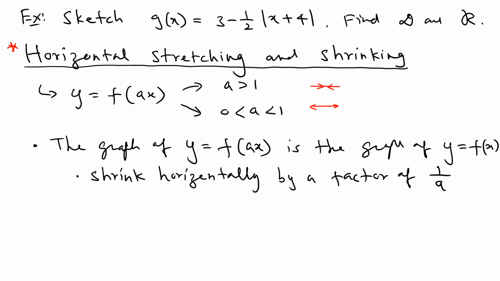And why are we going to do that? You know that to cancel that out, we multiply by the reciprocal, so that they cancel each other. So it's a shrink horizontally by a factor of 1 over a, if a is greater than 1.